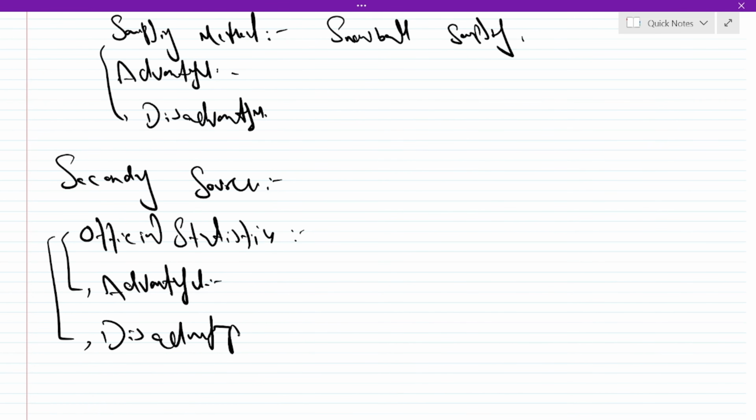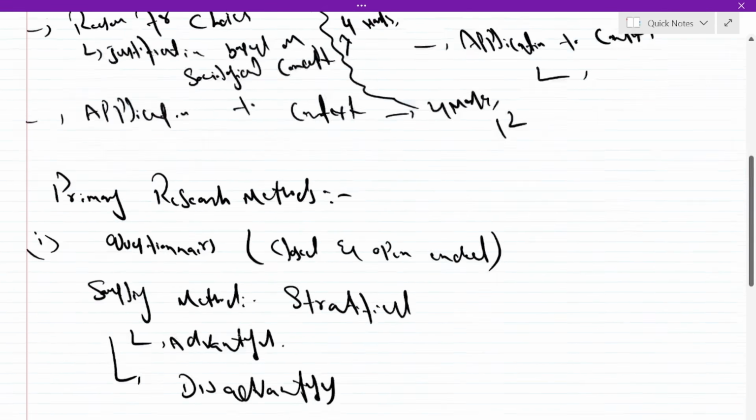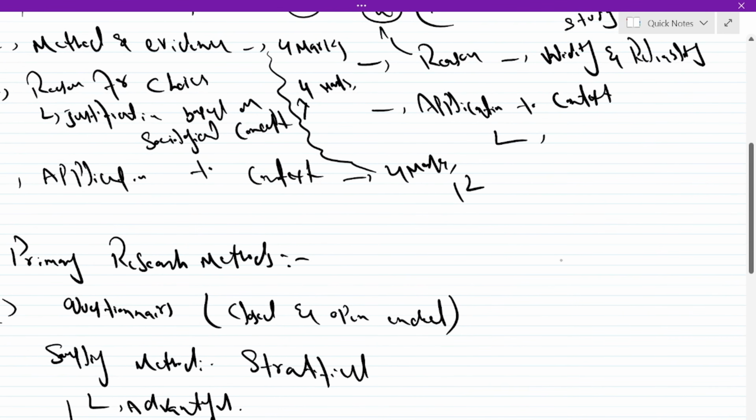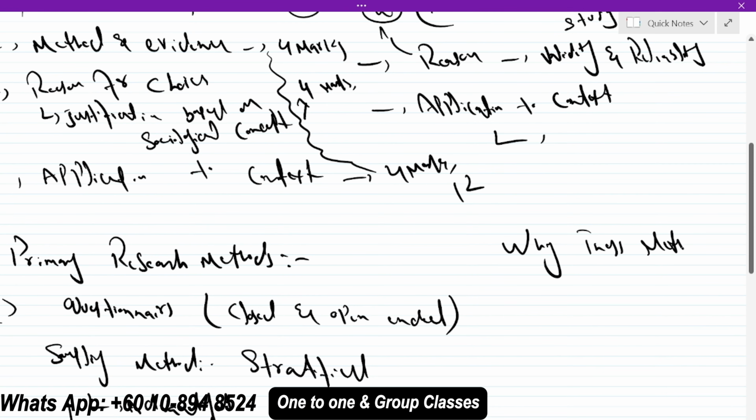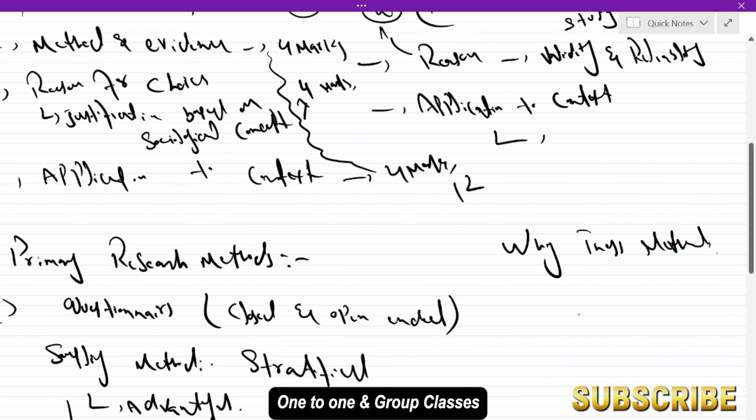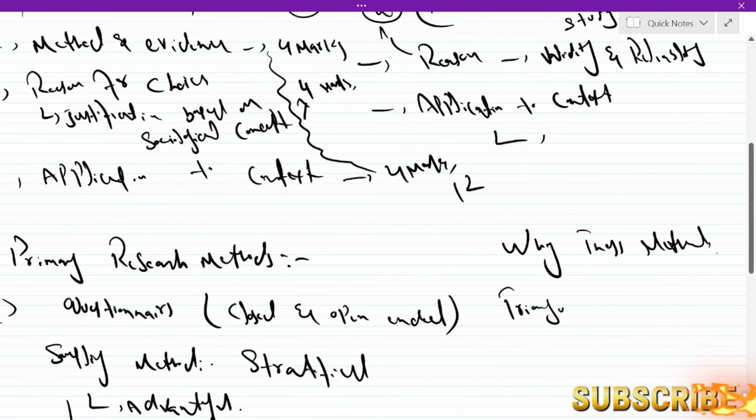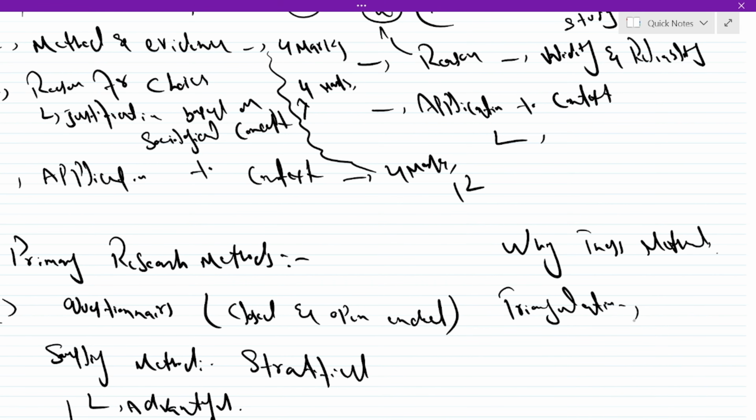Now we'll talk about the third point, why you have chosen these methods. So you might say triangulation, meaning that combining different methods, both quantitative and qualitative, ensures a comprehensive study.